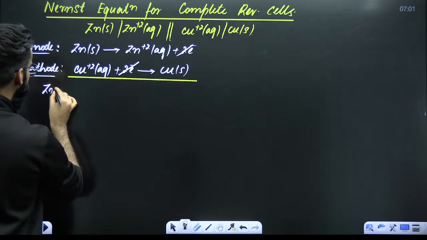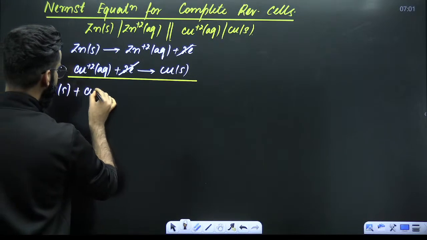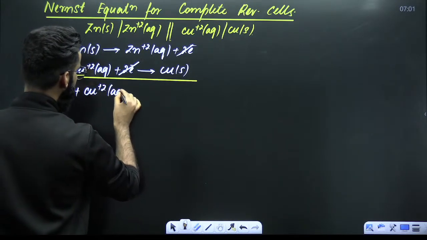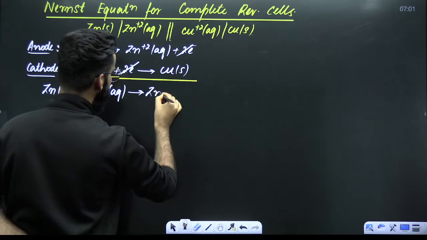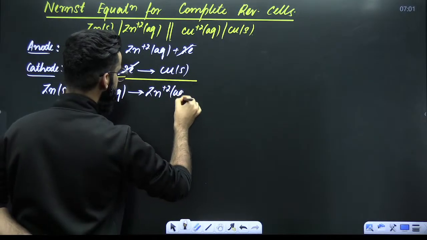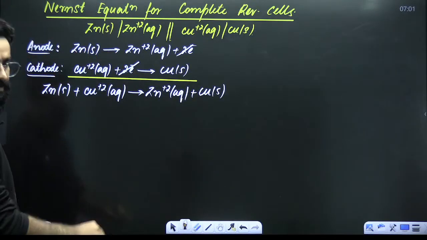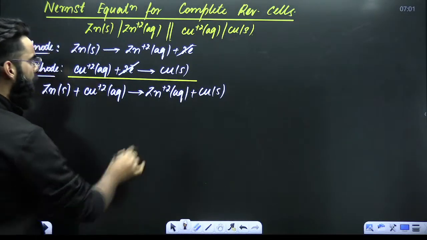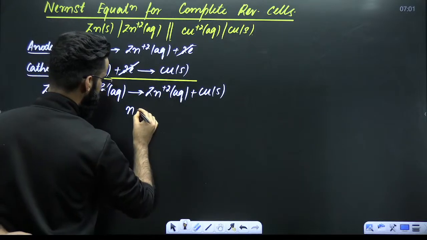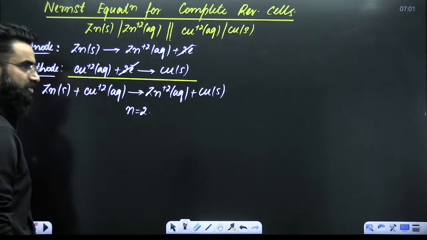So my net reaction becomes zinc solid plus copper dipositive aqueous gives zinc dipositive aqueous plus copper solid. This is the net reaction. If I ask how many moles of electrons are exchanged in the net cell reaction, you'll directly say 2 moles.